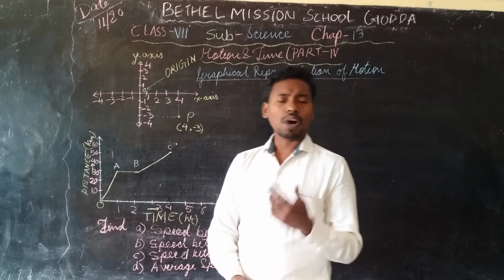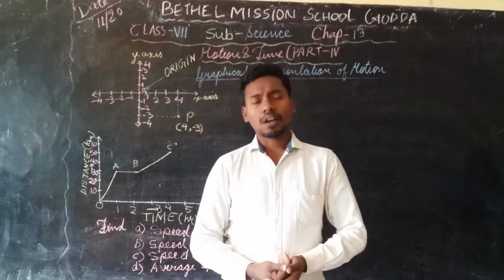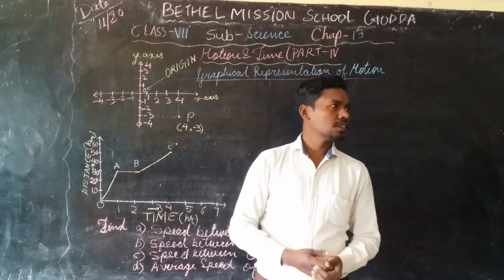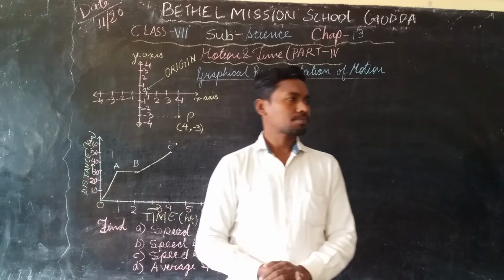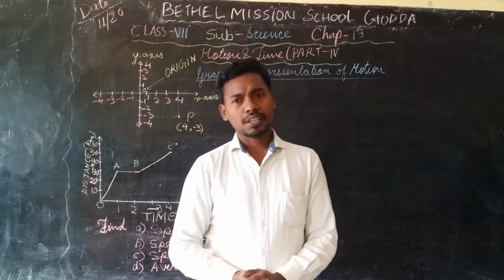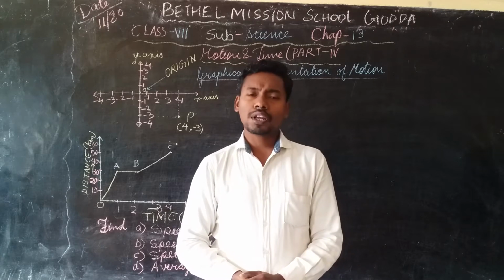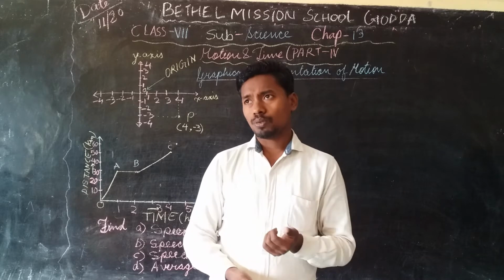So the thing is that why do we require a graph? What is the importance of graph? So graph is required. Let me tell you one instance. If I say where are you, then you will be saying that I am at home.